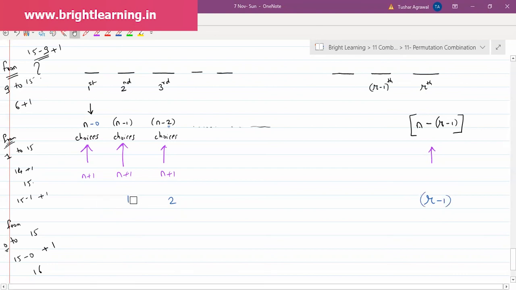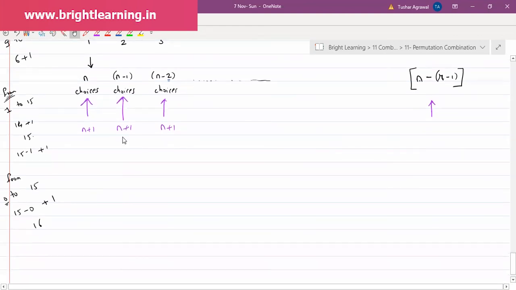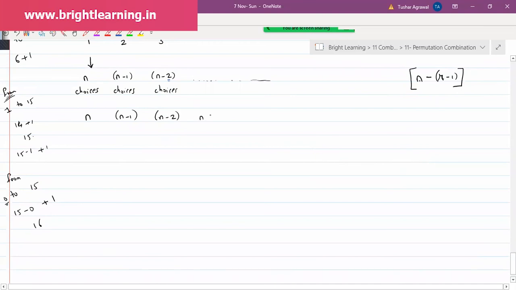Now you can just think that you have to find the rth term of this AP, but that way you are escaping the thought process. Don't escape from the problem. So n minus 1, n minus 2, up to n minus (r minus 1). This is the same as n minus 1, n minus 2, then n minus 3.